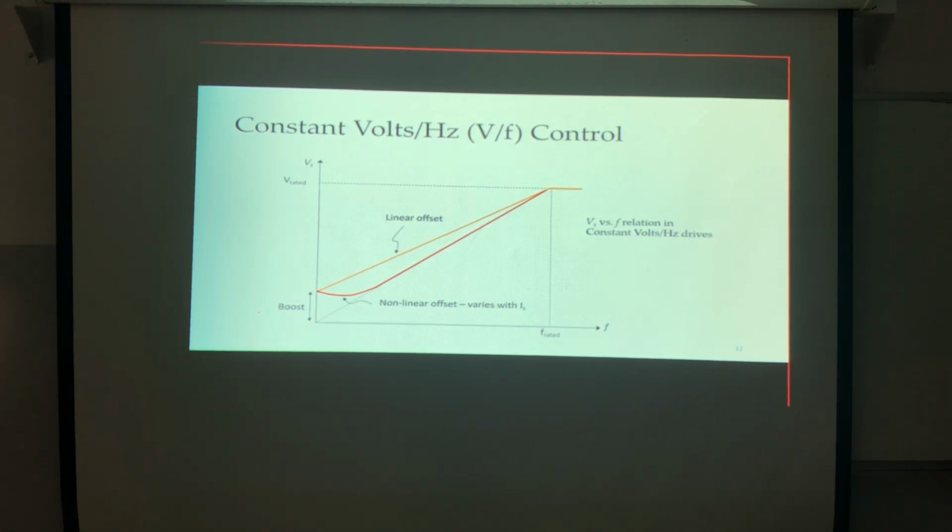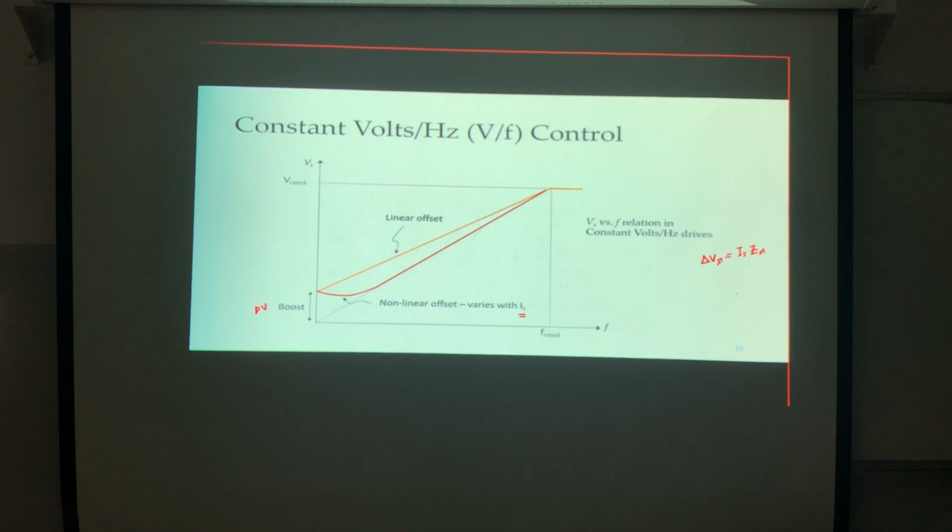The first one here, I can add delta B at start. Or someone will say I can use a nonlinear offset, which varies according to IS. If I know IS and I know the frequency, I can calculate delta Vs. Delta Vs is equal to IS multiplied by ZS, correct?